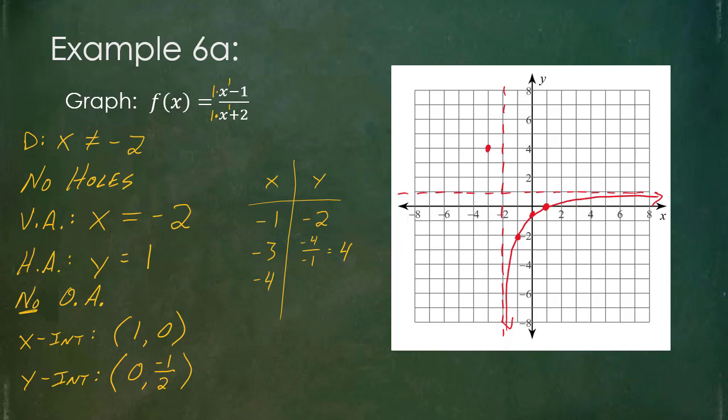And if I did the same thing with -4, take away 1 would be -5 over -4 plus 2 would be -2. And if I simplify that, that would turn into +5/2, which really is like 2.5. So if I go to -4 and up to 2.5, that would be right about there.